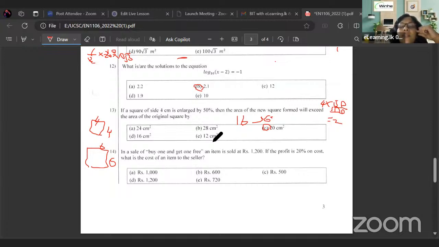1,200. If the profit is 20% on cost, what is the cost of an item to the seller? How do you find?